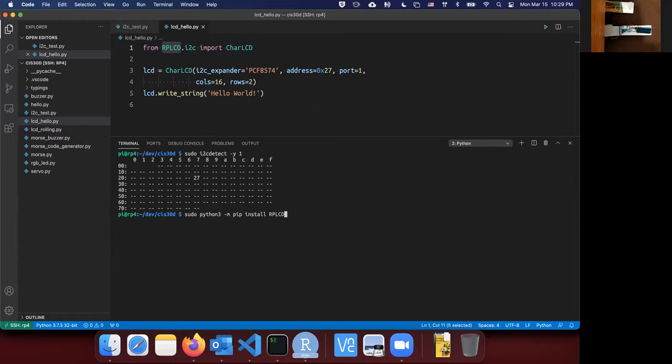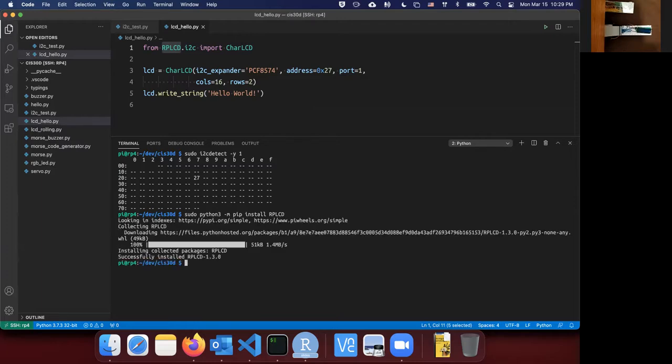Now mine is already installed, so it will say it's installed, but in your case, it will say successfully installed. Anyway, it just reinstalled when I ran this thing. Looks like it's fine. So you just use this to install it, and then you'll get access to this little program here.